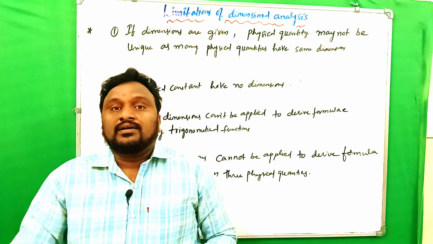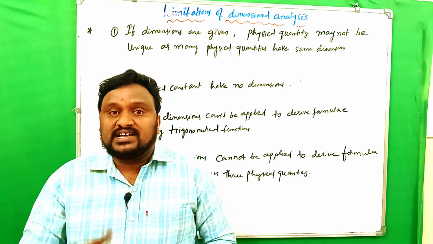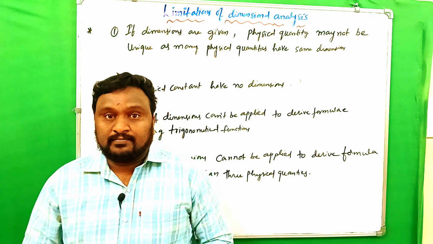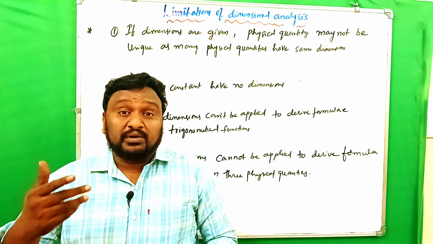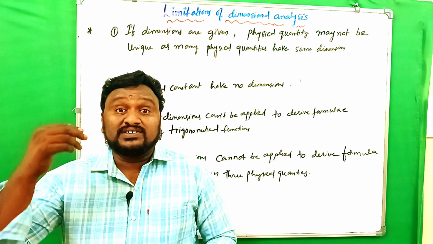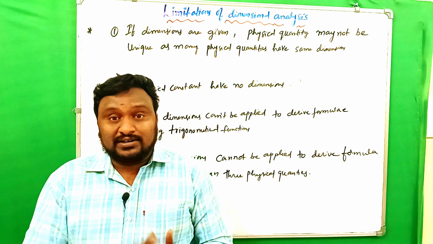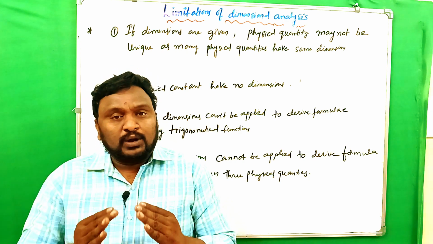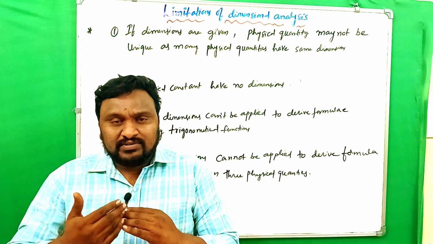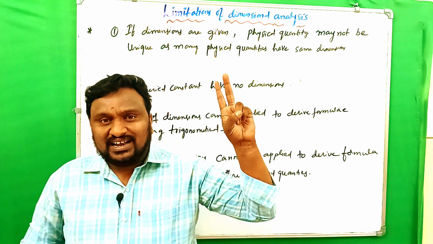And third, if a relation contains trigonometric functions and powers, it is very difficult to derive the equation by using dimensional analysis. And fourth, up to now we discussed relations between different physical quantities using only the base quantities mass, length, time.